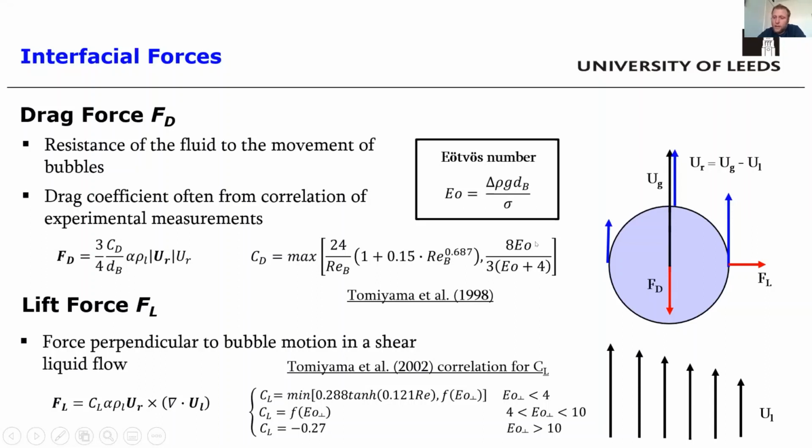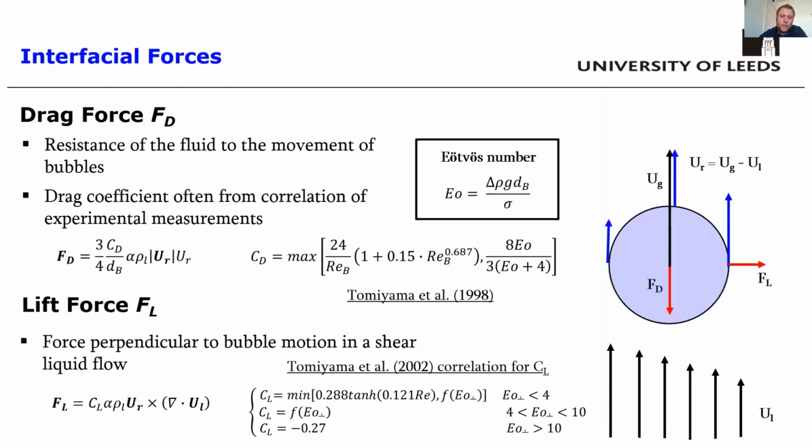At the same time, imagine that there is a shear flow and not, for example, a quiescent liquid, but there is a flow of the liquid too, and you have a gradient in the liquid velocity. That means that the recirculation is not symmetric around the bubble surface. And this will generate a force that is perpendicular to the main bubble motion, and this is normally called the lift force.